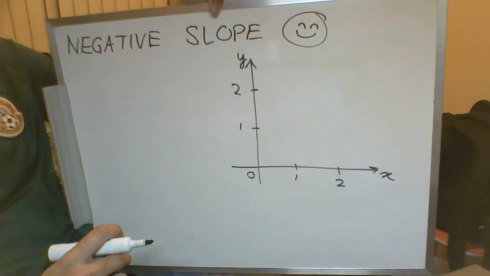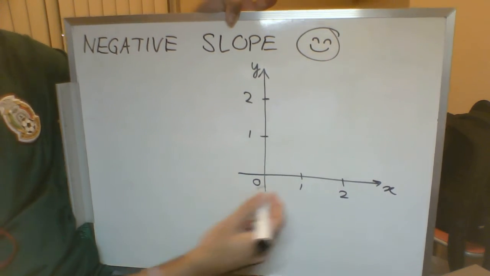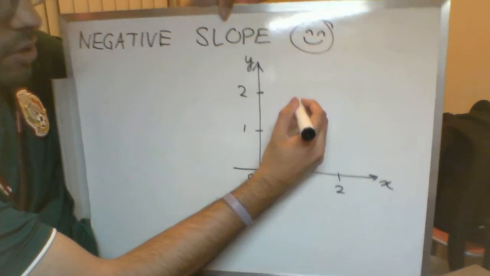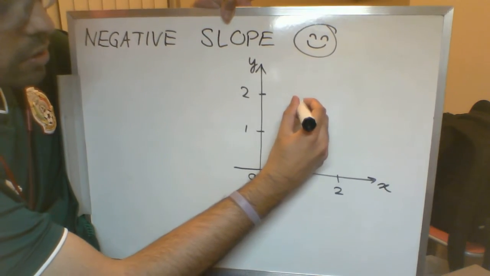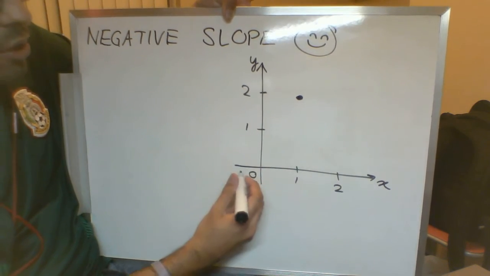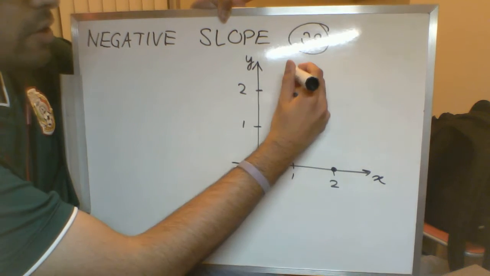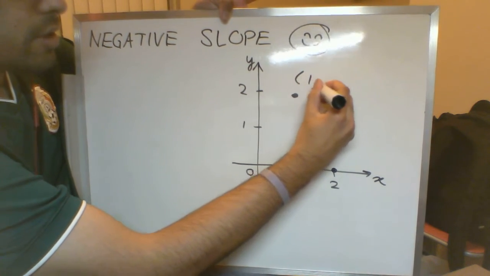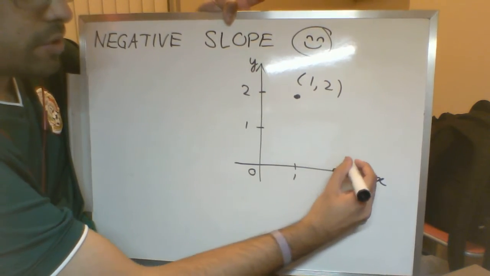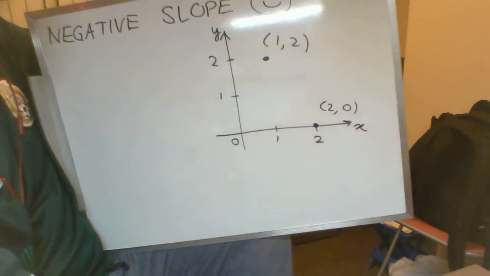And let's put a point at 1, 2, so up here, something like that. And we'll put the other one at 2, 0. So this is at 1, 2, and then this one over here is at 2, 0, like that.